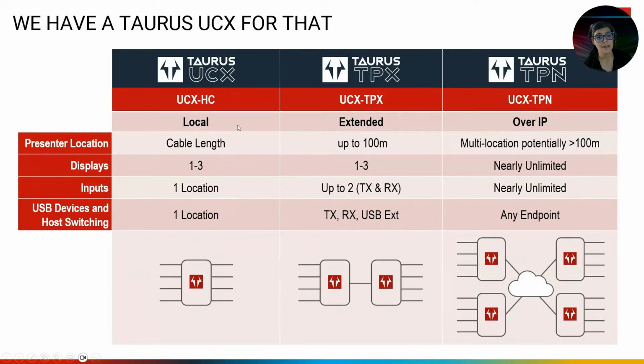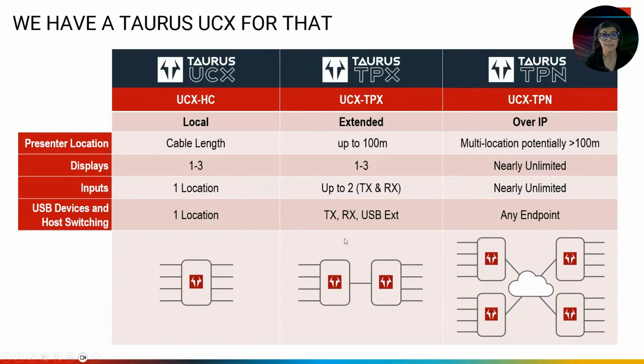And the first set of Tauruses that we have are our UCX HC models. These are going to be our all-in-one room box solutions, and these are going to be for your small to medium-size huddle rooms, and we'll talk about them more in depth in just a minute.